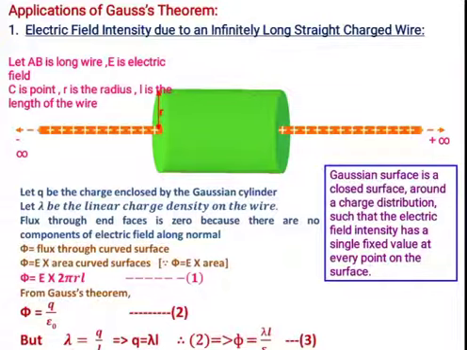Now, R is the radius of the cylinder, the circular face. Consider a point A, a small area element on this Gaussian surface, towards this face.